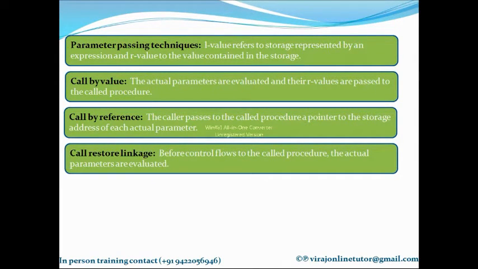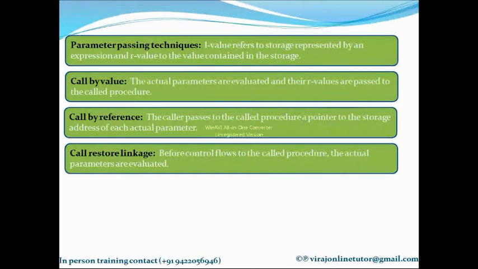In call by value, from the invocation point, whatever I pass, those expressions are evaluated there and then, and just the R value is passed to the required function. That's why, in call by value, if I modify the parameters inside the function, those changes are not reflected at the calling point.